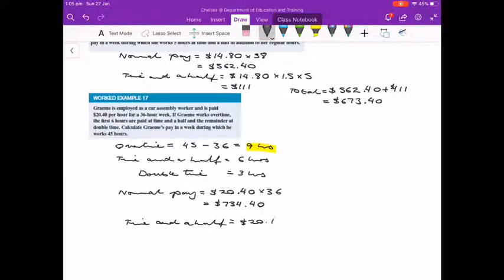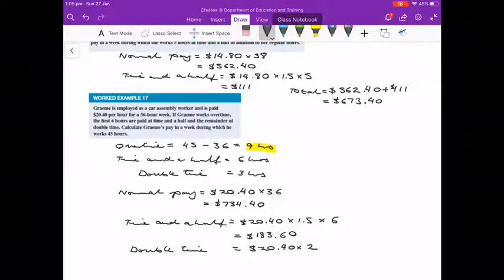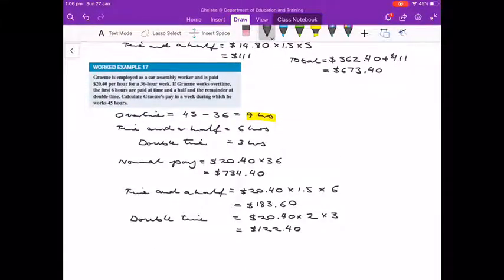We use his hourly rate times the overtime rate times how many hours he works at that rate, which is $183.60. But we can't forget the double time rate. $20.40 regularly, double time rate, hence the 2, and he works 3 hours for that rate. So he gets an extra $122.40.